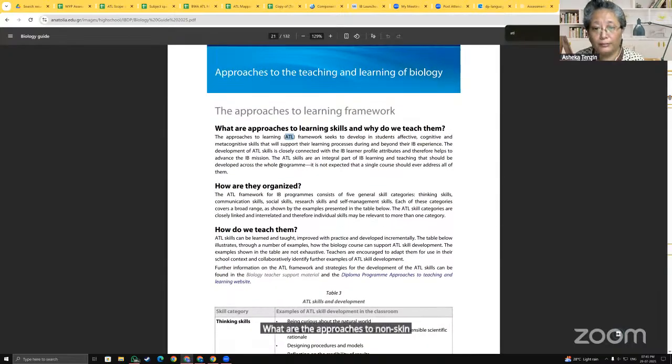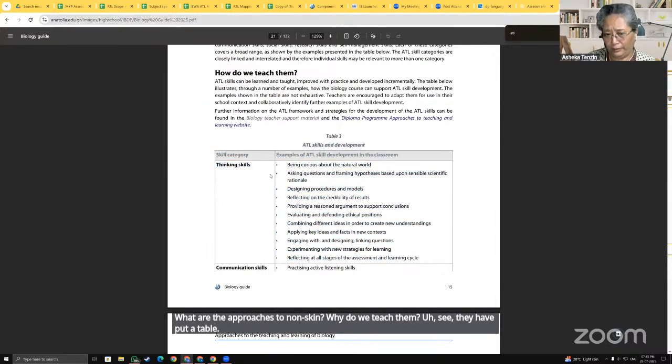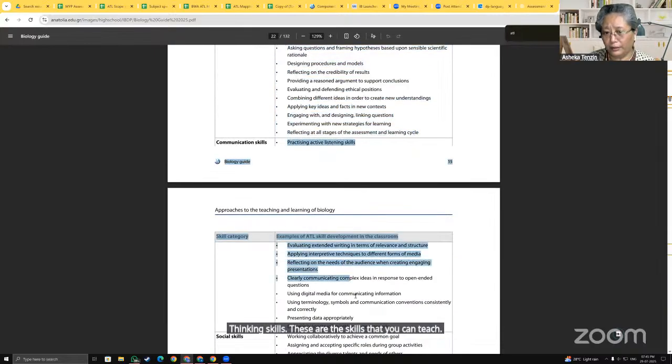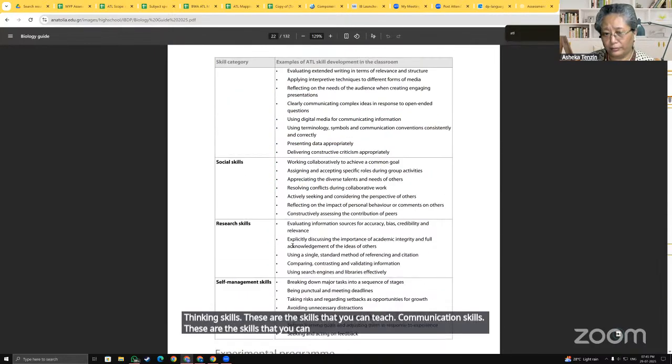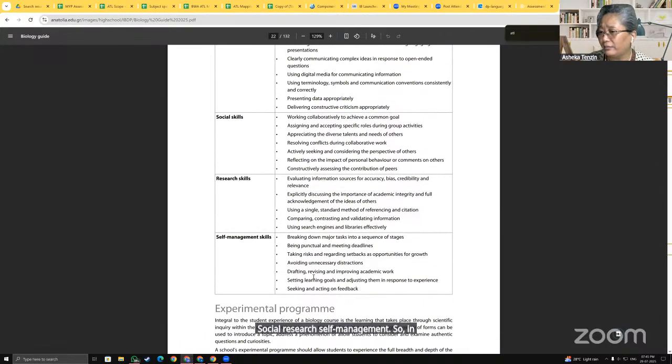Why do we teach them? See, they have put a table. Thinking skills. These are the skills that you can teach. Communication skills. These are the skills that you can teach. Social, research, self-management. So in the science guide, it is there.